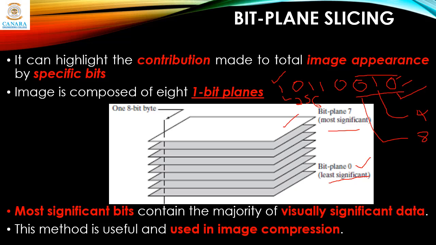You'll have a somewhat similar looking image, with less loss of information or visual appearance. But you cannot do the same for the MSB bits because they contain the most significant data. We'll see the example in the next slide.